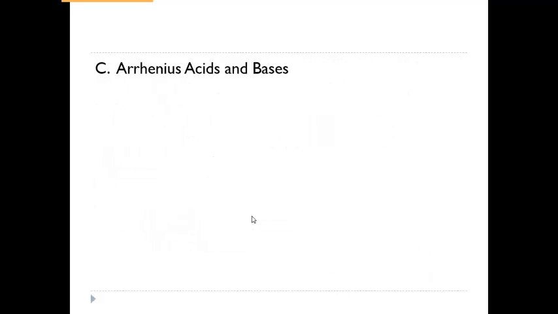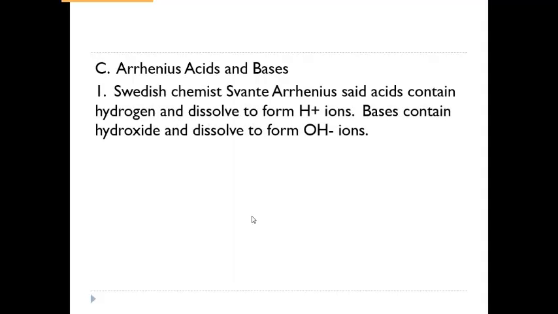Now, the acid and base definition that we're familiar with is the Arrhenius acid and base. This is from a Swedish chemist, and he said that anything that contains a hydrogen and dissolves to form H+ ions was an acid, and bases contain hydroxide, and when they dissolve, they'll form hydroxide ions. So for instance, we know HCl, hydrochloric acid.